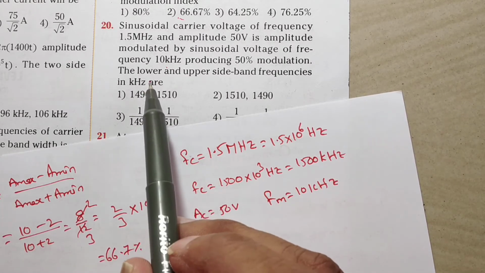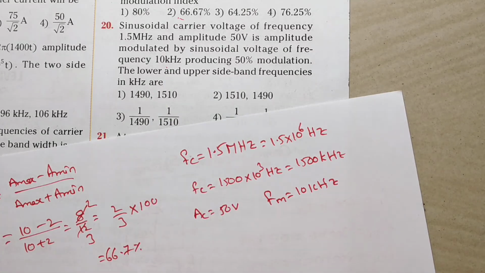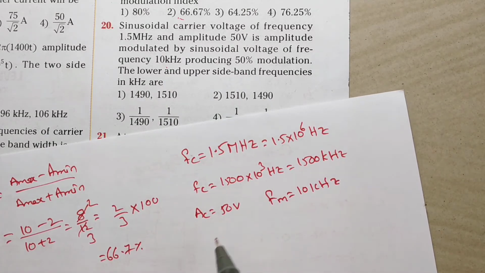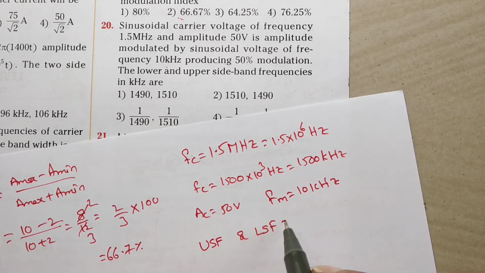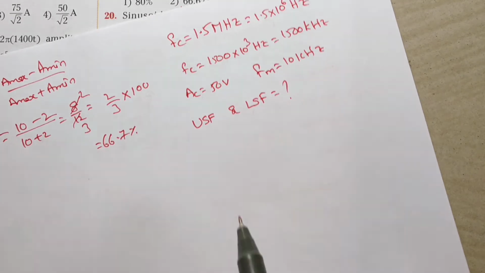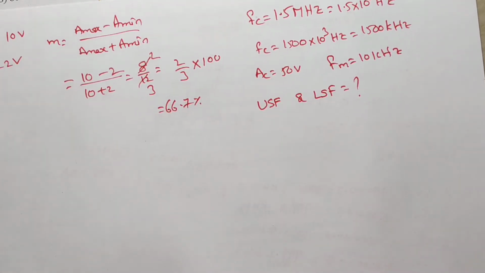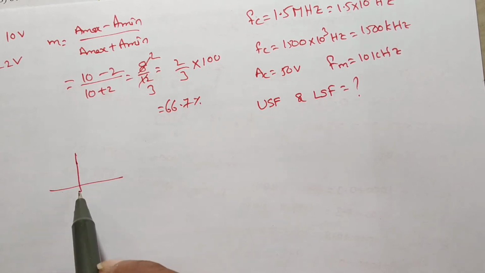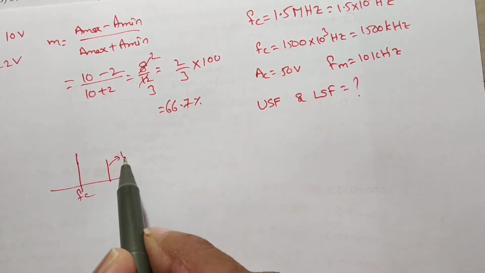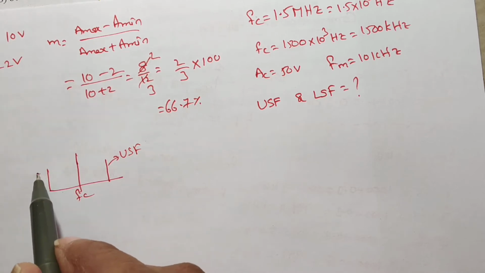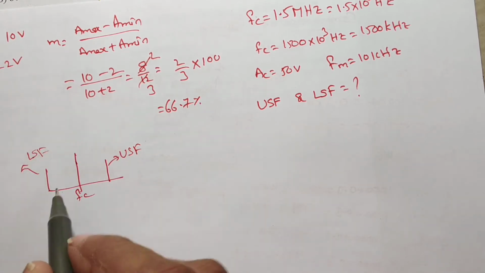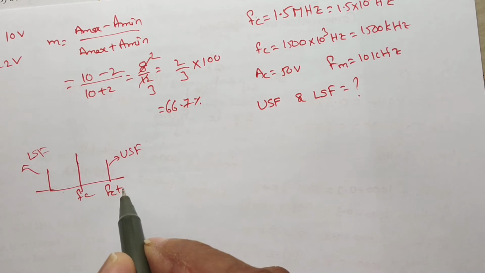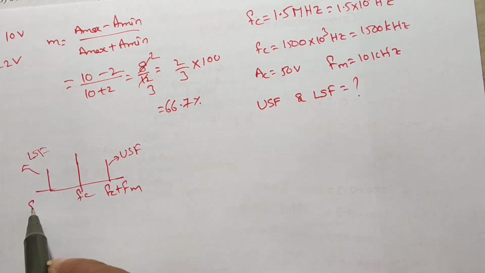Now the lower and upper sideband frequencies in kilohertz are, that means the upper sideband frequency and lower sideband frequency we have to find. We already know that this is the carrier frequency, this is the upper sideband frequency, and this is the lower sideband frequency. Upper sideband frequency means FC plus FM, and lower sideband frequency means FC minus FM.